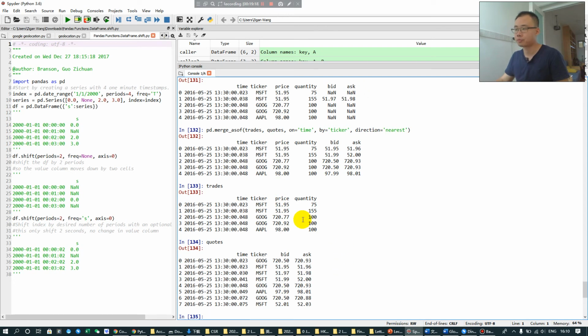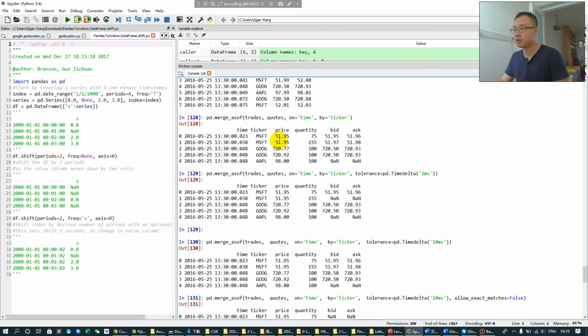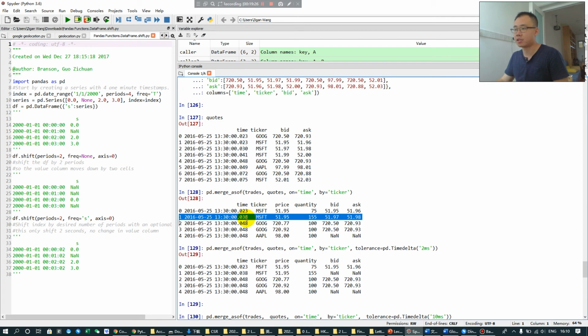Okay. Remember that here, at 038 time, for the bid and ask prices, we choose the 030 because the default direction value is backward. We look at the nearest time before 038.